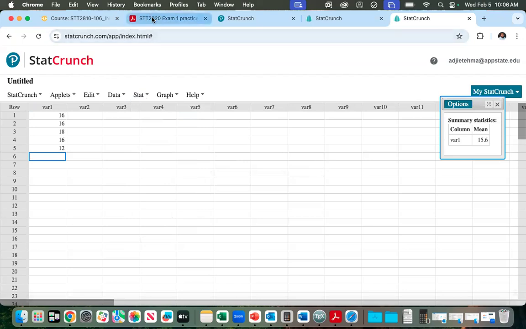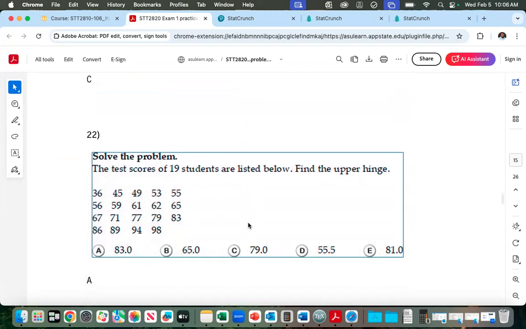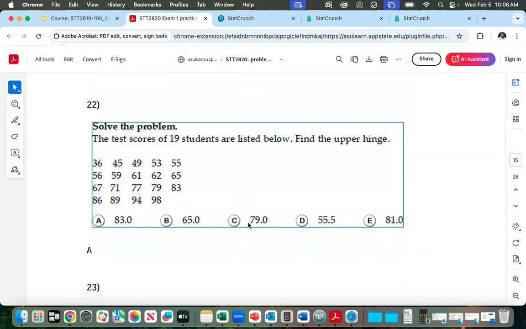Let's proceed. So we found that the mean was 15.6, which is C. Let's get to 22. For 22, we have been given these test scores, and we want to find the upper hinge.